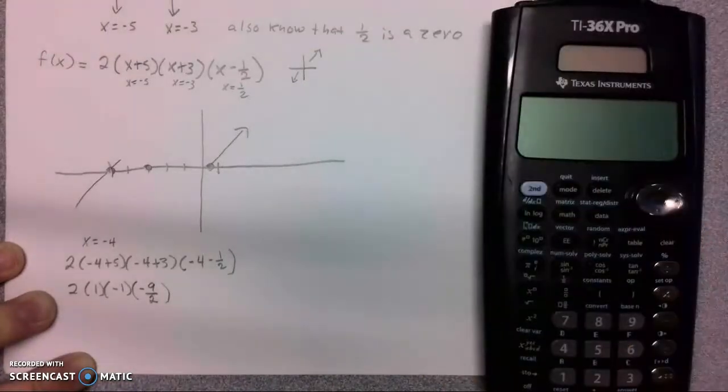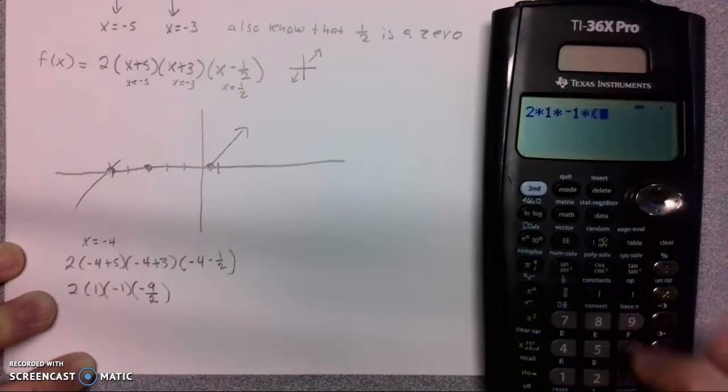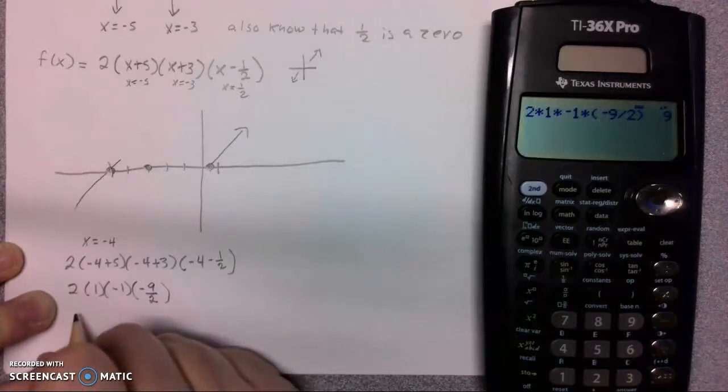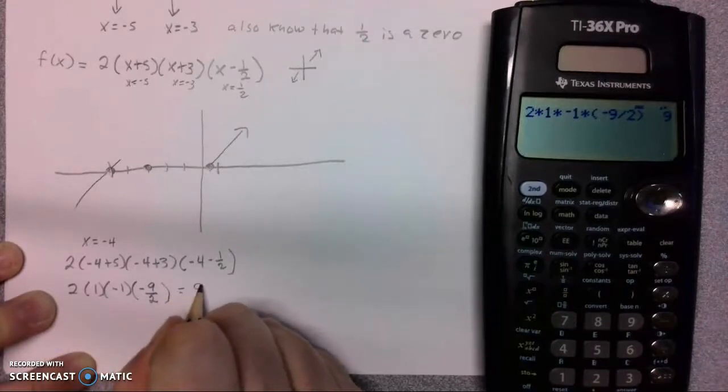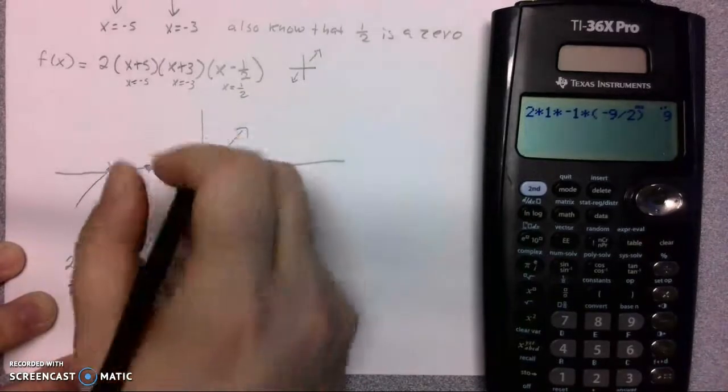So I'll put in the calculator. I'm getting out 9. That makes sense. So between these two, I get up to 9.